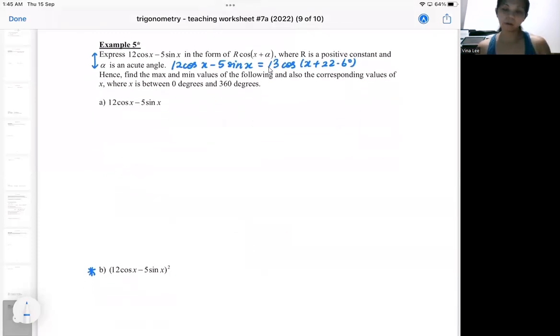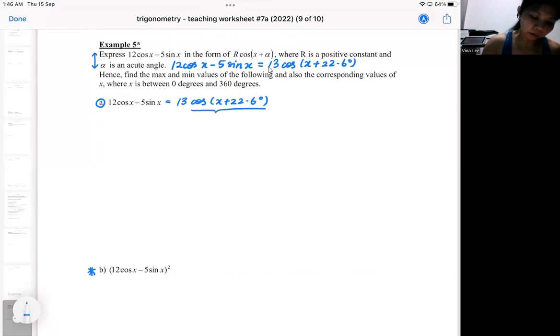So the first part is the conversion of the R formula. The second part, for part A, you are asked to find the maximum and minimum value and the corresponding value. So that is exactly like example 4. As a quick recap, it is the converted single function that decides. This converted function is between 1 and -1.